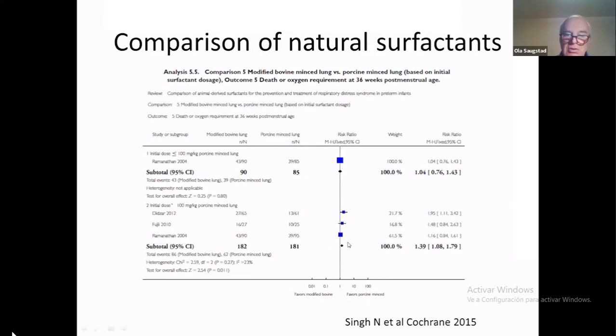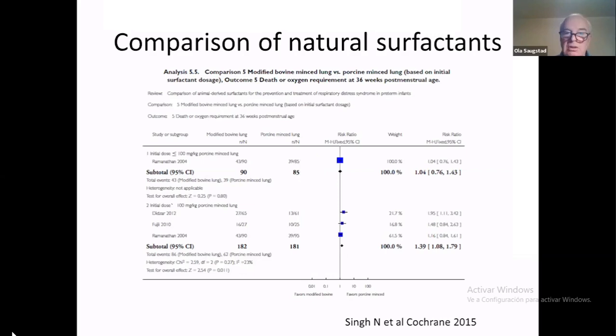And what you see here is that this systematic review favors porcine surfactant.